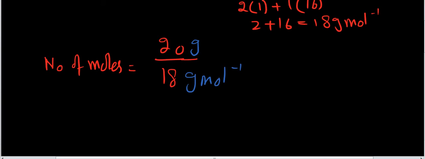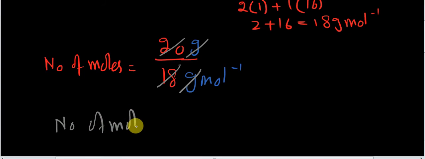And gram will cancel each other, and your answer would be number of moles is equal to 1.1, and this mole is -1. When this mole will go upside, it will be +1. So your answer is 1.1 mole.